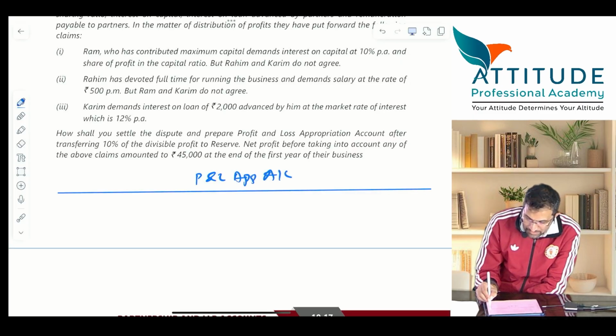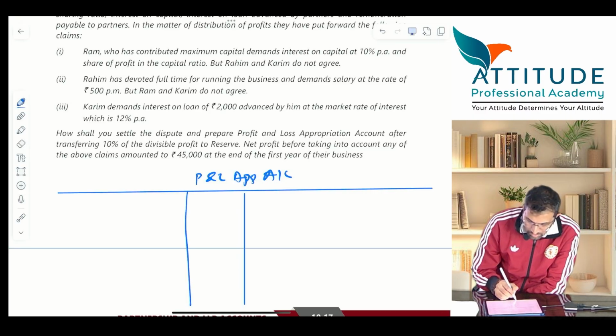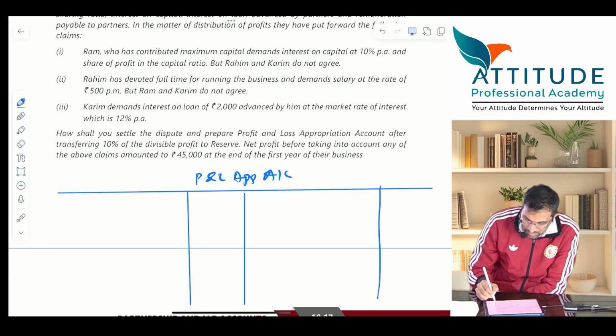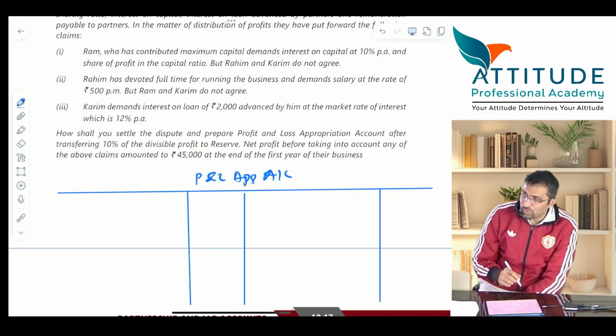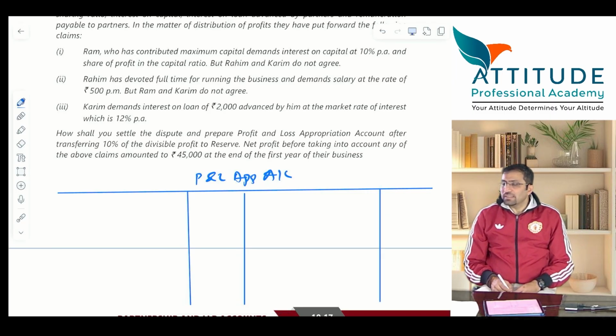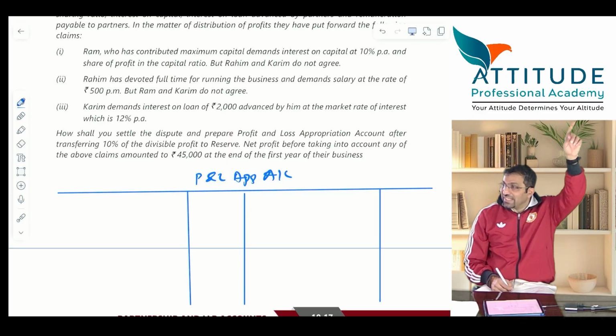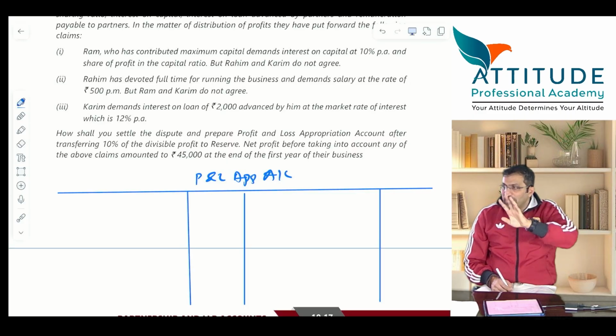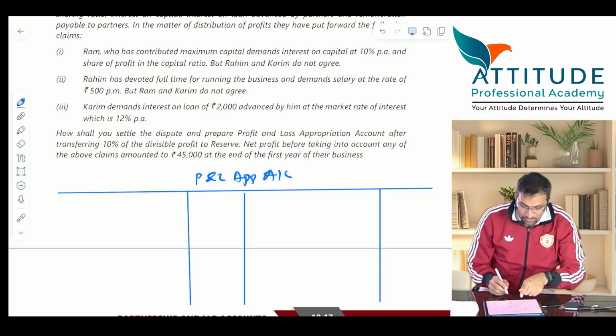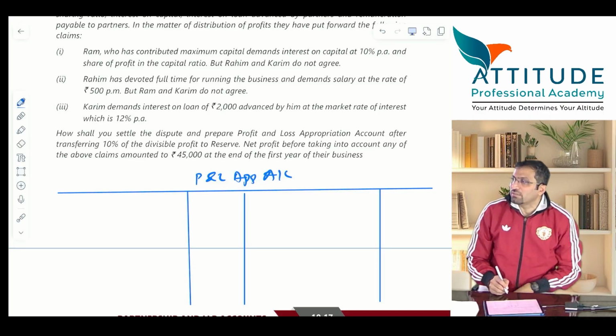Net profit कितना है? 45 में से कुछ जाएगा? क्या जाएगा? नहीं, इंटरेस्ट ऑन लोन. एंड इंटरेस्ट ऑन लोन कहाँ जाएगा? P&L में. So net profit is not 45,000. 45,000 minus interest on loan.